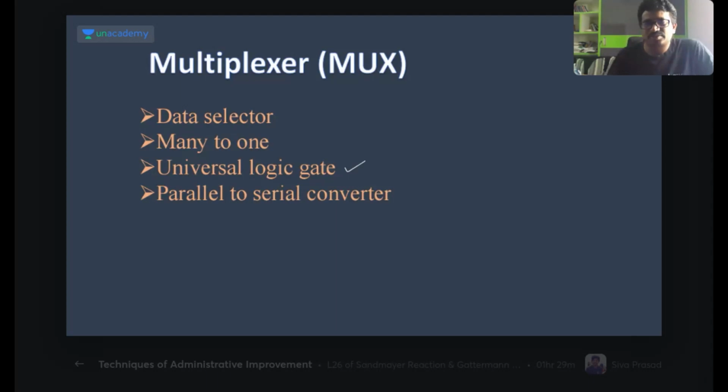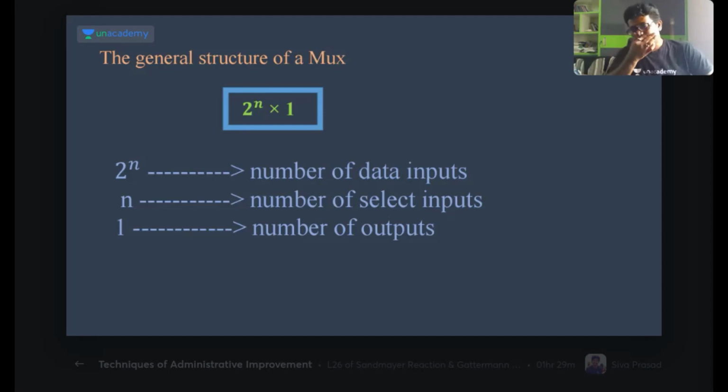Let us do the analysis of this multiplexer one by one. Consider this the general structure of a multiplexer: 2 power n cross 1.